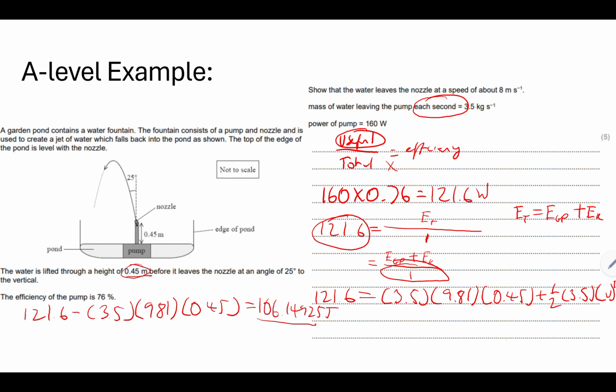So now we need to do this: 106.14925 divided by half multiplied by 3.5, and that will equal V squared.